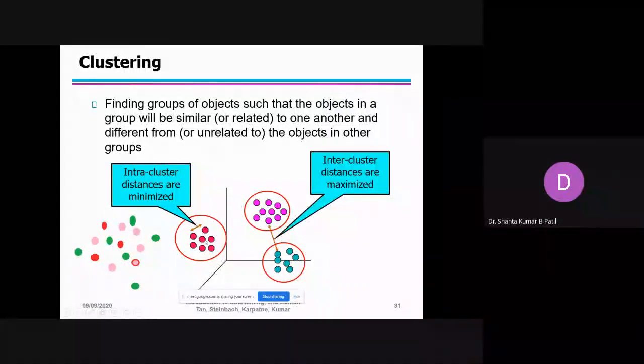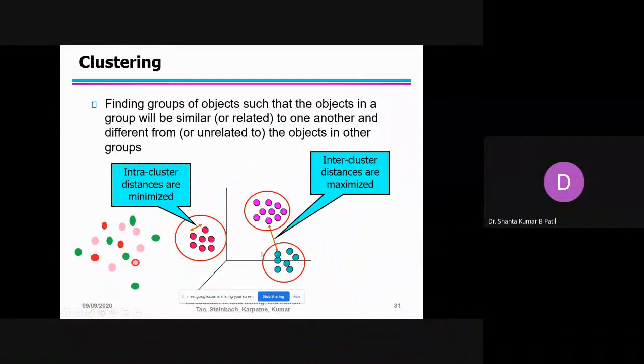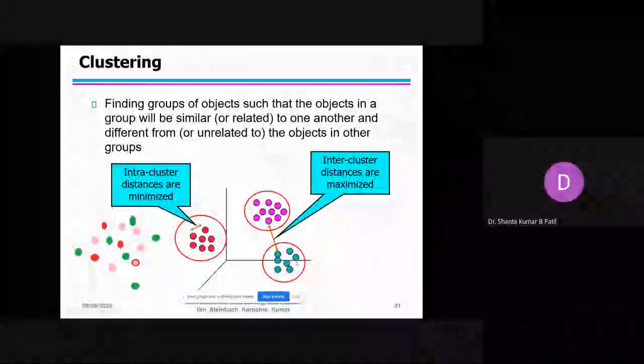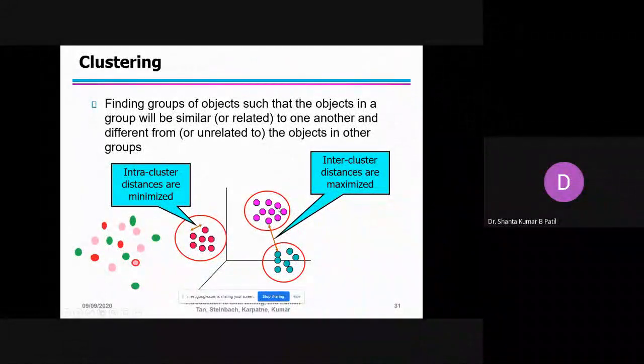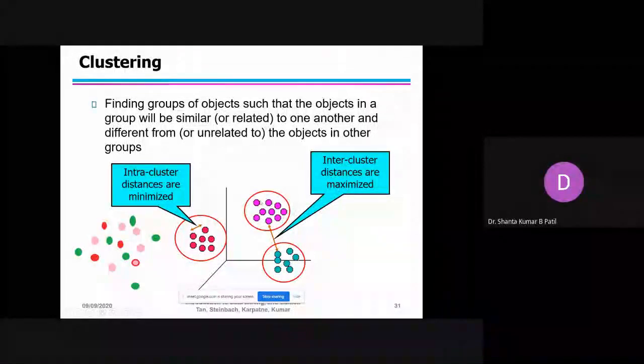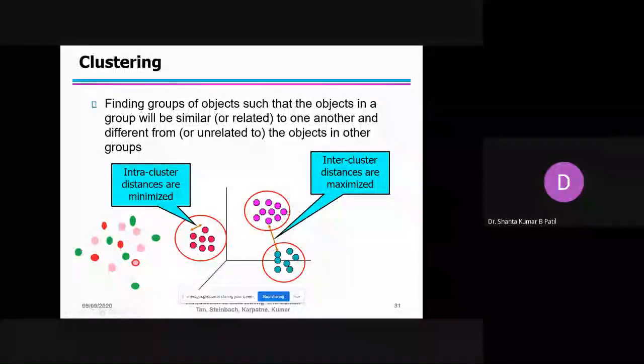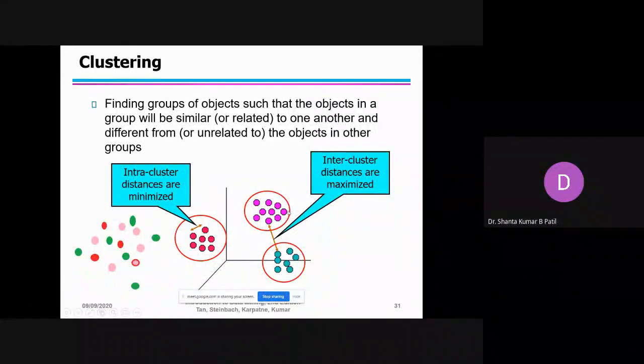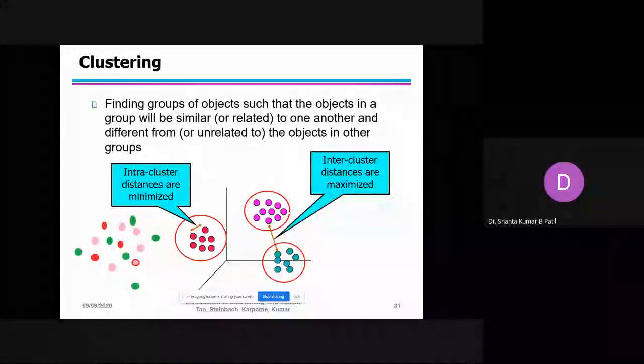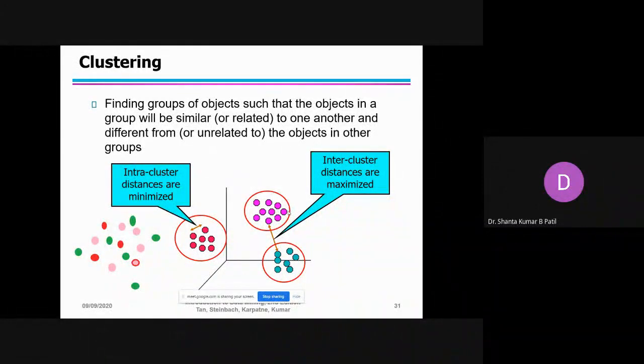Whereas if you compare with another cluster, this is the cluster with the blue color, and this is some other color, violet color, their distance is more. Inter-cluster distance is maximized with the help of the clustering. If it is maximized, you can easily recognize the particular part of the warehouse. This is possible with the help of the clustering.